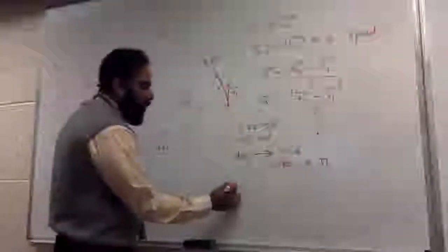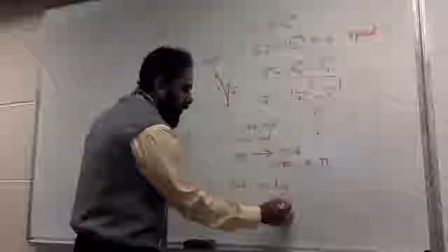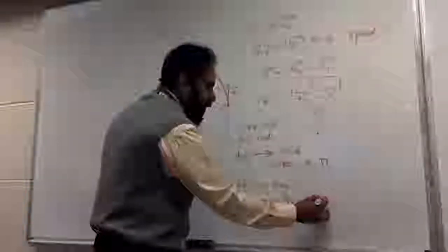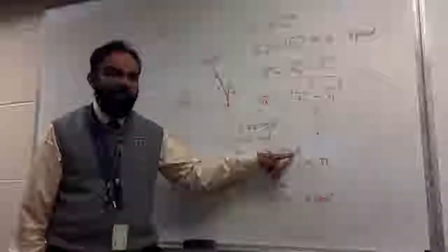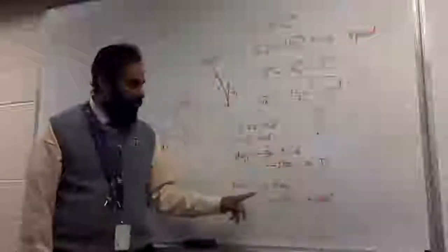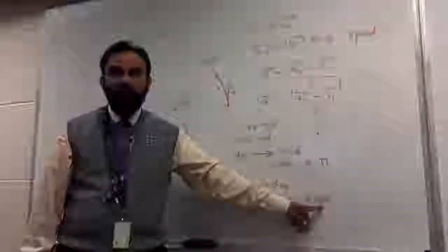And if you're going from radians to degrees, you first divide it by pi and then multiply by 180 degrees. You can see that. You want radians, therefore you ultimately multiply by pi. You want degrees, you ultimately multiply by 180 degrees.